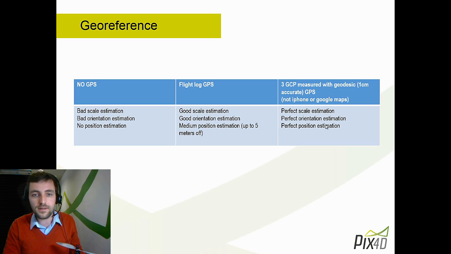So if a pixel is 2 centimeters on the ground, you can expect an accuracy of your whole project to be within 6 centimeters, something like that. So 3 times the pixel size, if everything is done correctly.